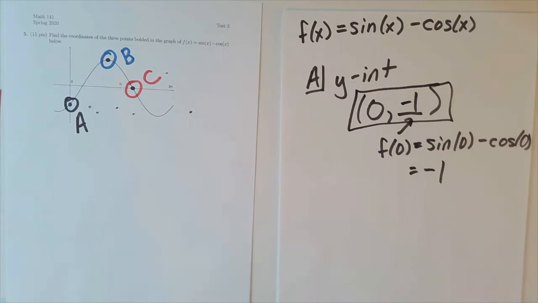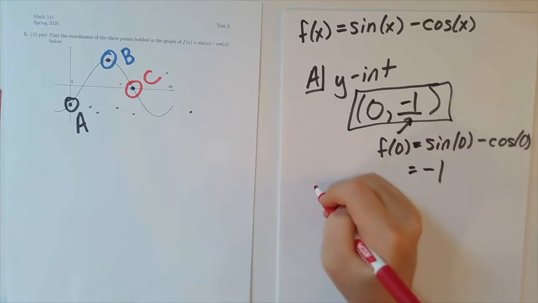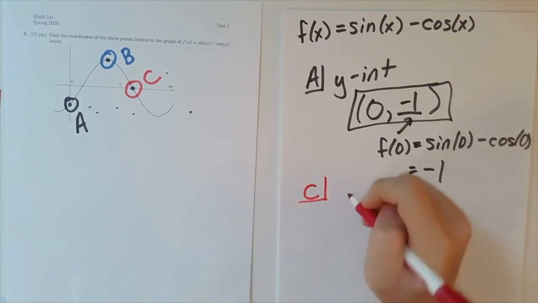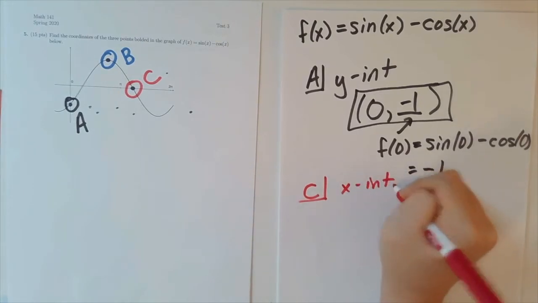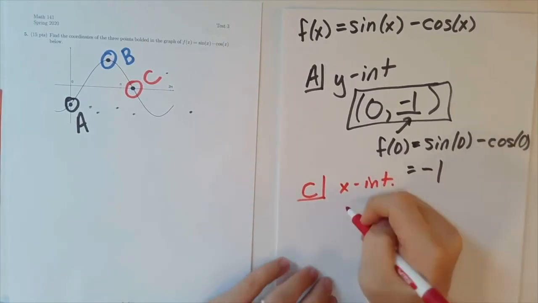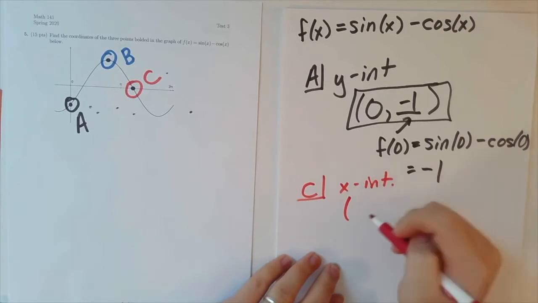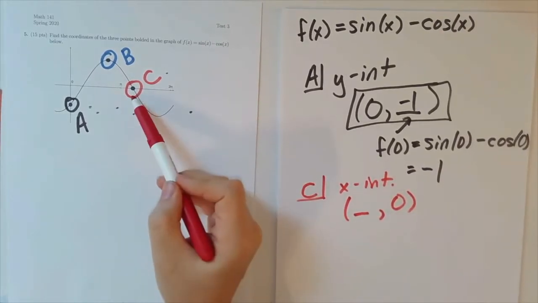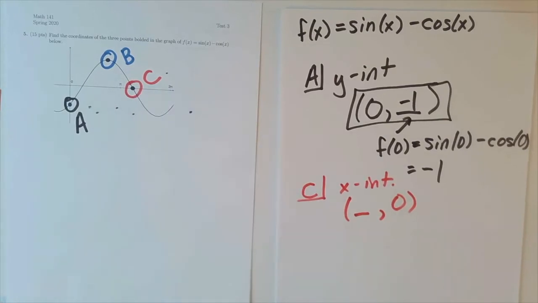I'm going to go ahead and do C next, because C somewhat mirrors A, in that C is not a y-intercept, but it's an x-intercept. Which means that the coordinates of this point look like something, comma, 0. It is the y-coordinate of this point C that is 0.